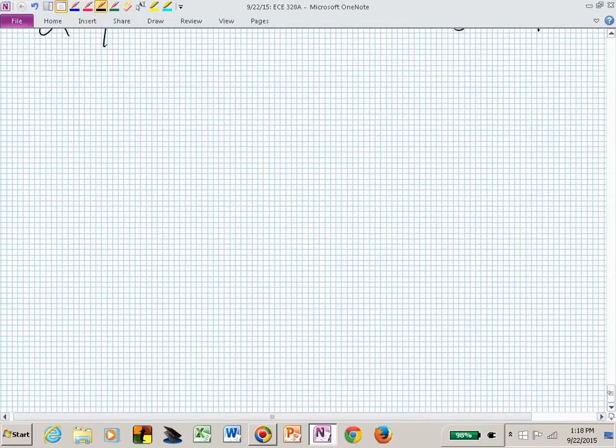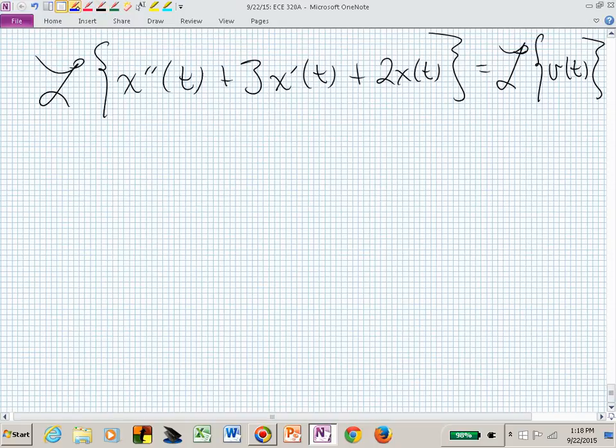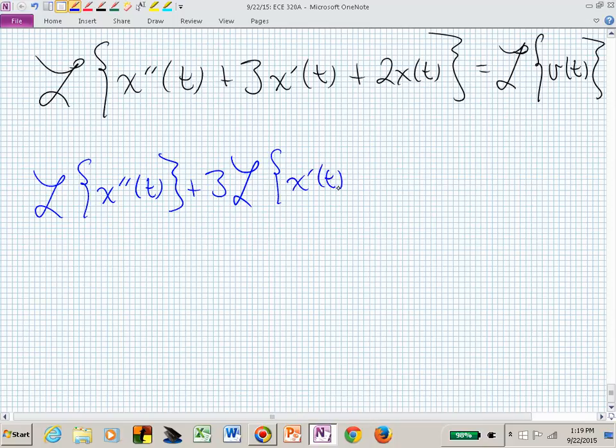If we do superposition a little bit more, we can take the Laplace transform of all three of those terms separately. So that now we have the Laplace transform of the second derivative plus, there's our homogeneity, 3 times the Laplace transform of x prime plus 2 times the Laplace transform of x of t, and that's equal to, and we will just call that capital V of s, the Laplace transform of little v of t. We haven't yet determined what that is, or stated what it is.